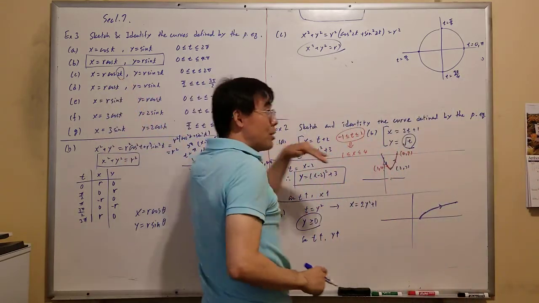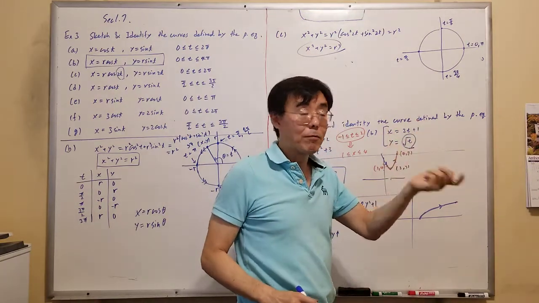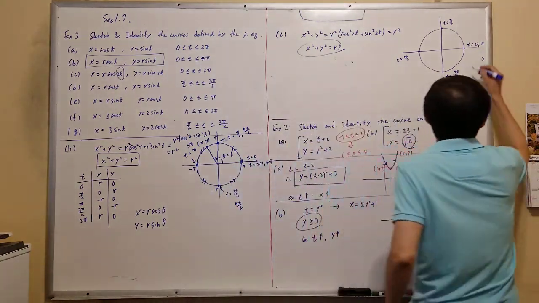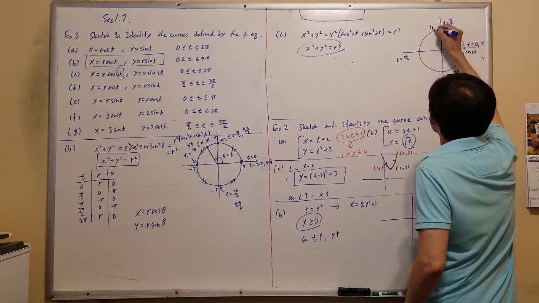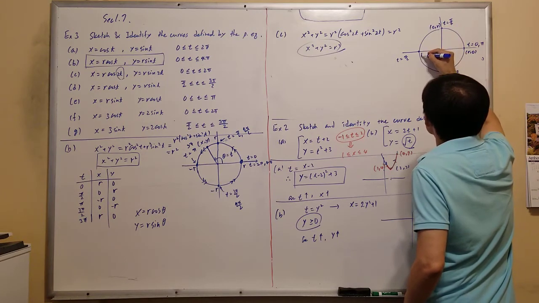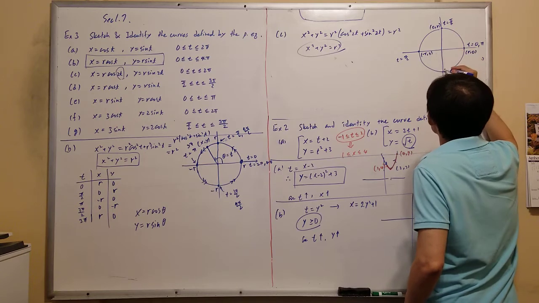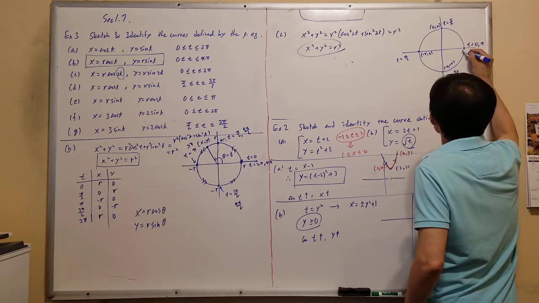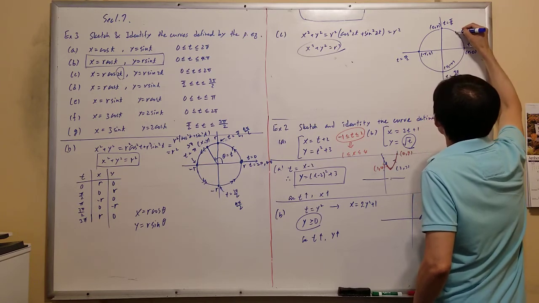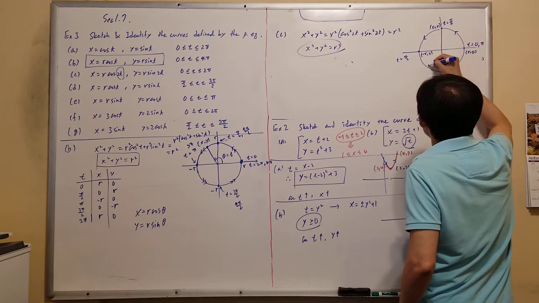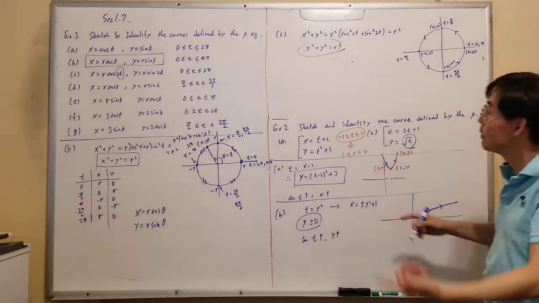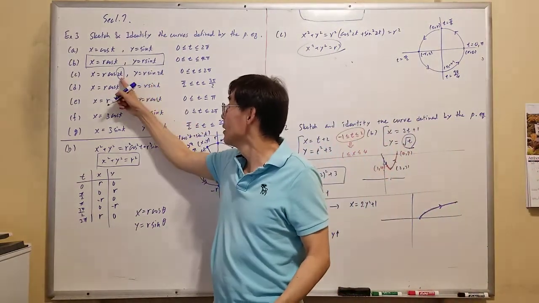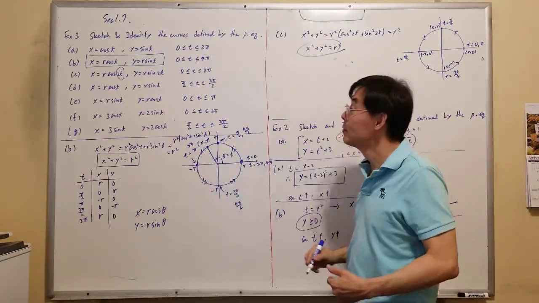Because your angular speed is twice, it takes only from 0 to, this is r, 0, 0, r, negative r, 0, 0, negative r. And see, it takes only pi seconds to make it 2 pi because you have 2t. Angular speed is 2. Right?